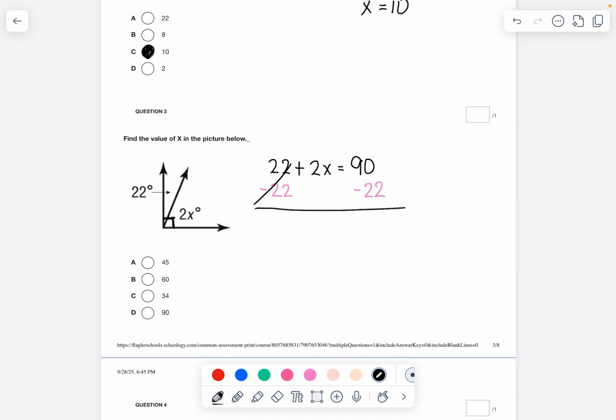That's going to cancel out here. I'm going to get 2x equals, let's see, what is 90 minus 22? 68. I still need to isolate x, so I'm going to divide 68 by 2. X equals 34.